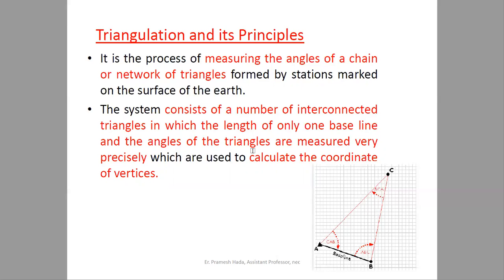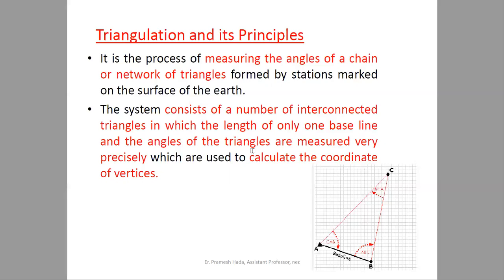We are going to measure angles. But as compared to trilateration, where there is no angle measurement, or only a few angles are measured, and that too only for cross checking. This is the basic difference, told so many times.